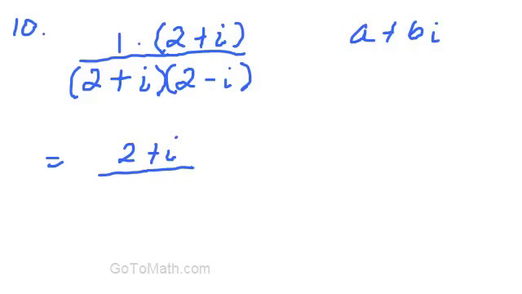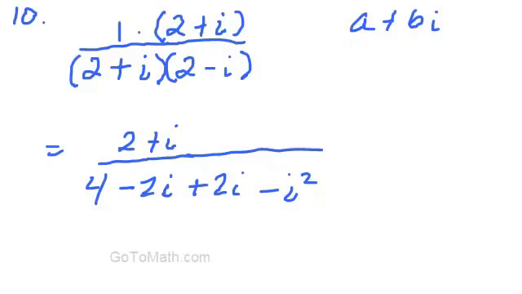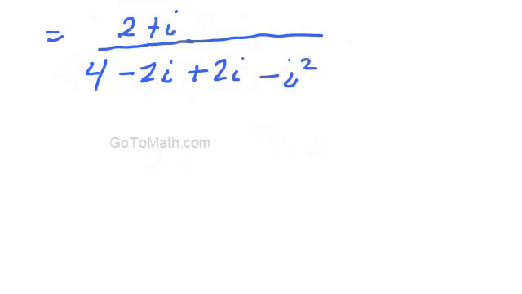So when we multiply by its conjugate, what we're going to end up with down here in the denominator is just a real number, and that's what we want. So 2 times 2 is 4. 2 times negative i is just negative 2i. And then positive i times 2 is just plus 2i. And then of course i times i, one's positive, one's negative, is going to be a negative i squared. Let's clean this thing up.